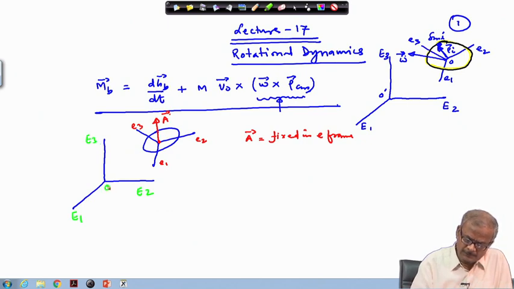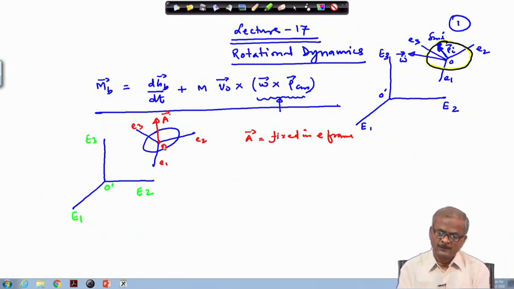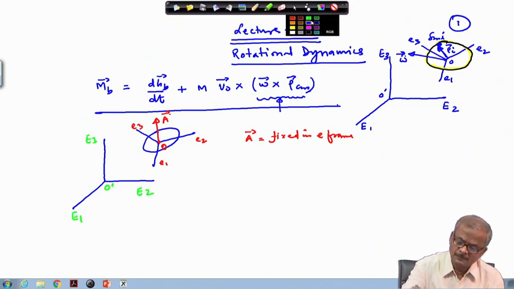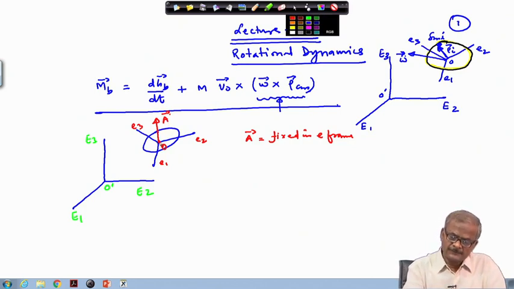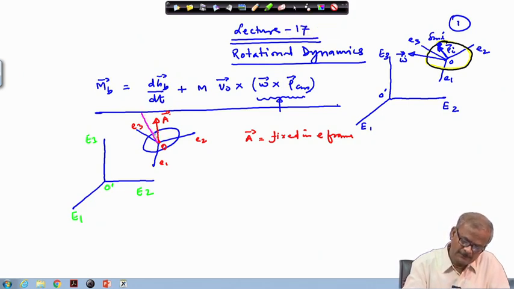This point is O prime, and this we are taking as O. This vector is fixed in this rigid body, and the rigid body is moving with angular velocity omega.